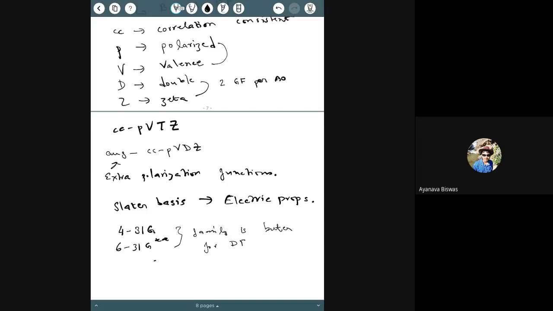But if you're doing coupled cluster, etc., or perturbation theory, or what are called wave function based methods, so if you're doing wave function based correlation theories, then this family is better.